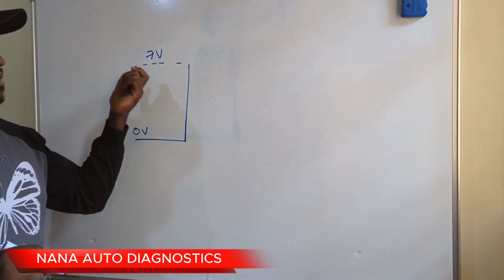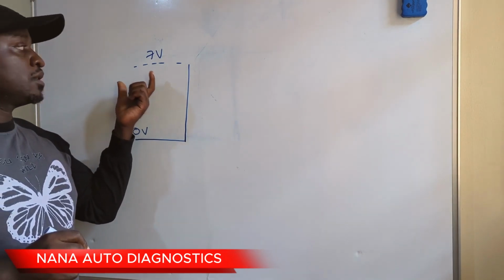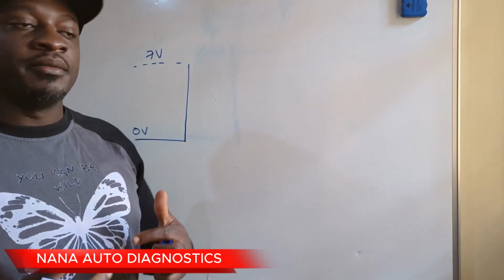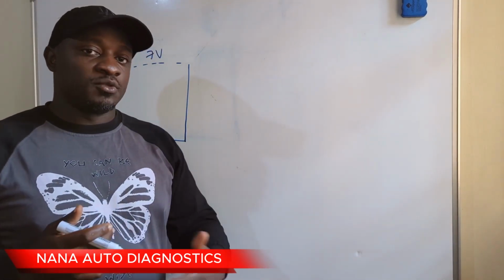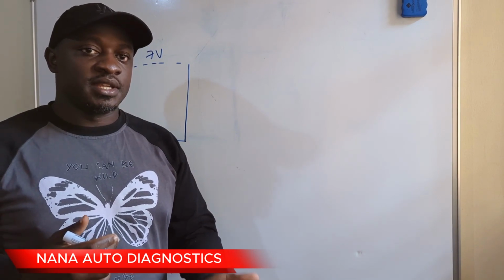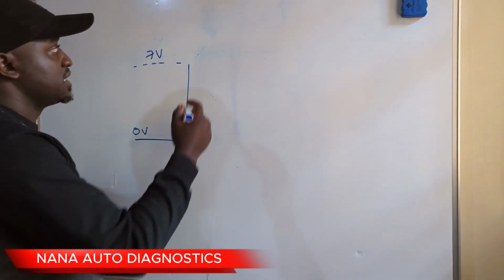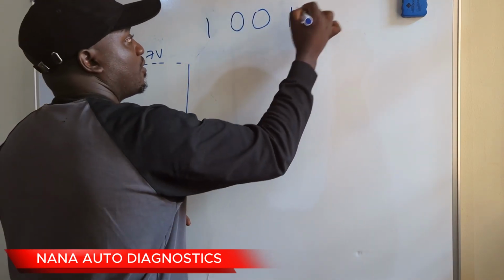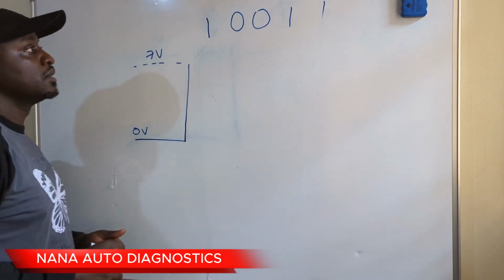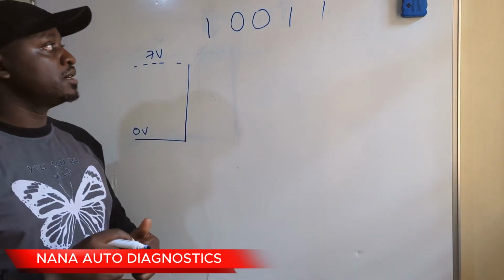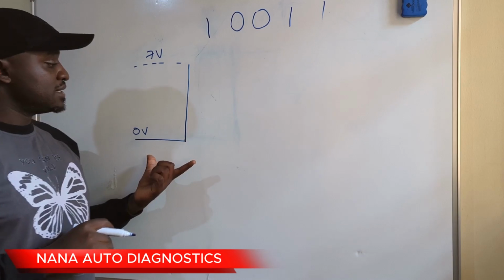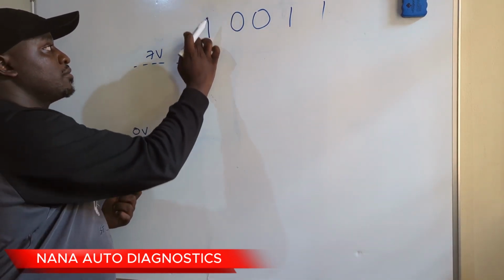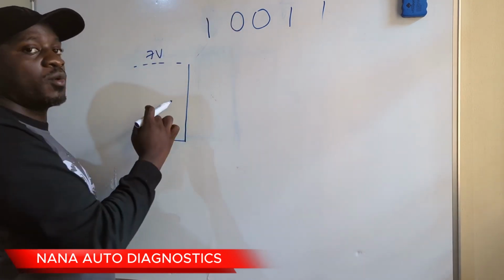So at this point, we can say that the bus is active, and it will stay active depending on the data that we are transmitting. For instance, if the ECU is transmitting a 1 0 0 1 1 binary code, we realize that it is going to stay active when it is transmitting the 1.